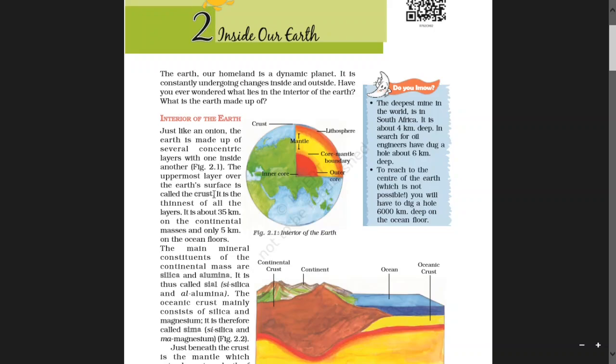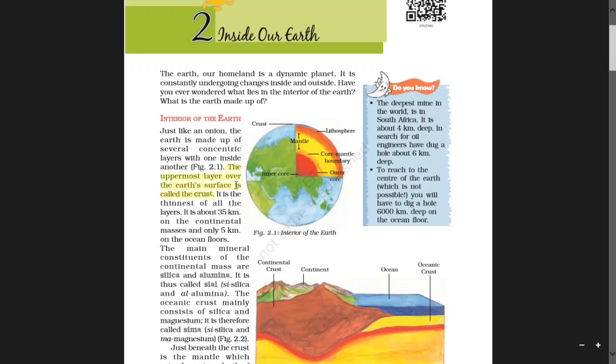These are all on the uppermost layer of the earth. So this uppermost layer of the earth is called the crust. Mark it, okay?